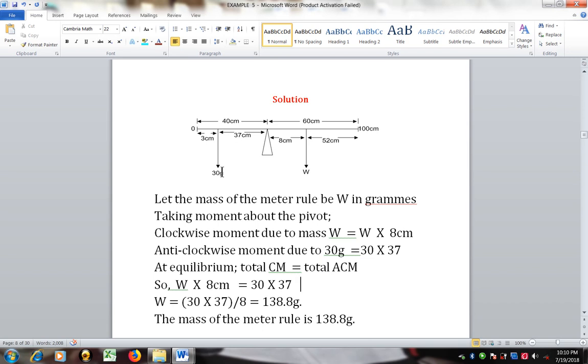That formed the basis of our calculations. The principle of moments remains that at equilibrium, total clockwise moment is equal to total anticlockwise moment about any point. I hope you've enjoyed this video, you've learned something new, or your knowledge has been reinforced.